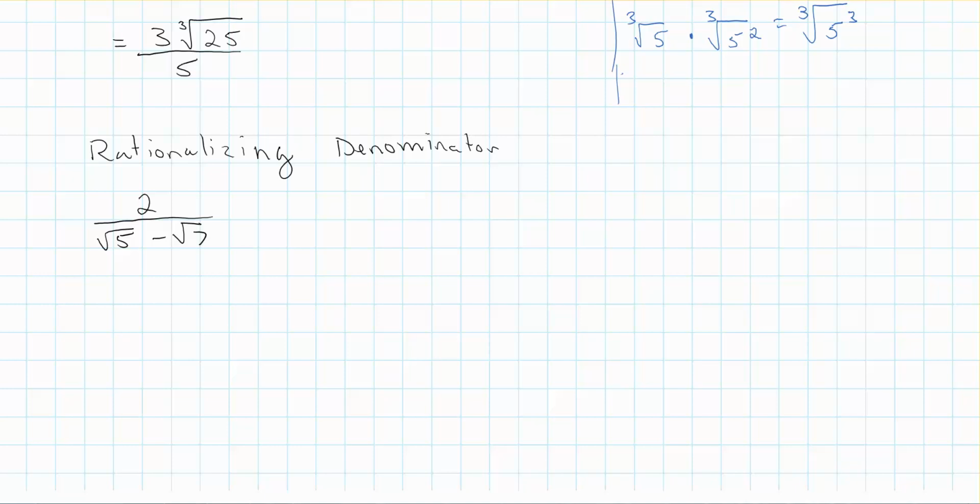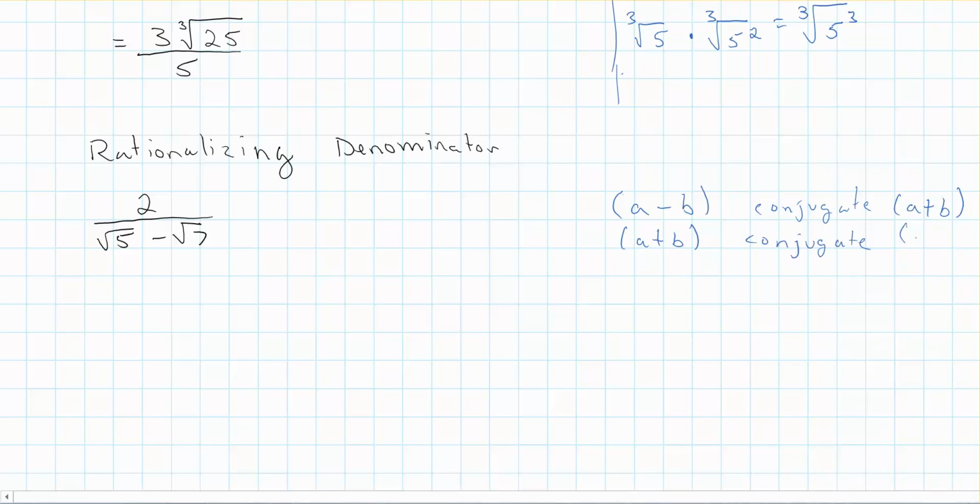And the conjugate is a fairly simple thing here. If, for instance, we have a minus b, the conjugate is a plus b. And of course, if we have a plus b, the conjugate is a minus b.